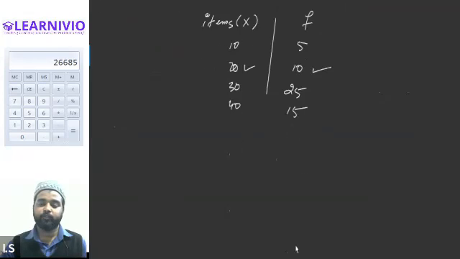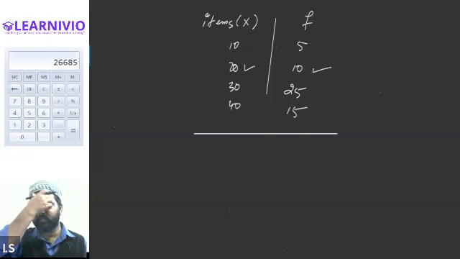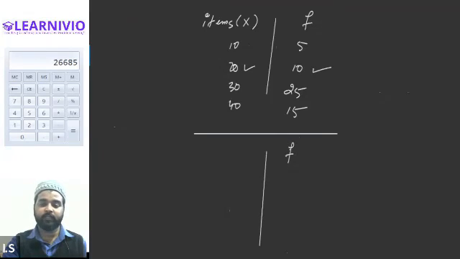Now you will also find frequency in case of continuous series. So how can we differentiate which series is discrete and which is continuous, if in both situations we have the frequency? In case of continuous series, you will have the frequency, let's suppose 6, 3, 9, 11, like this.